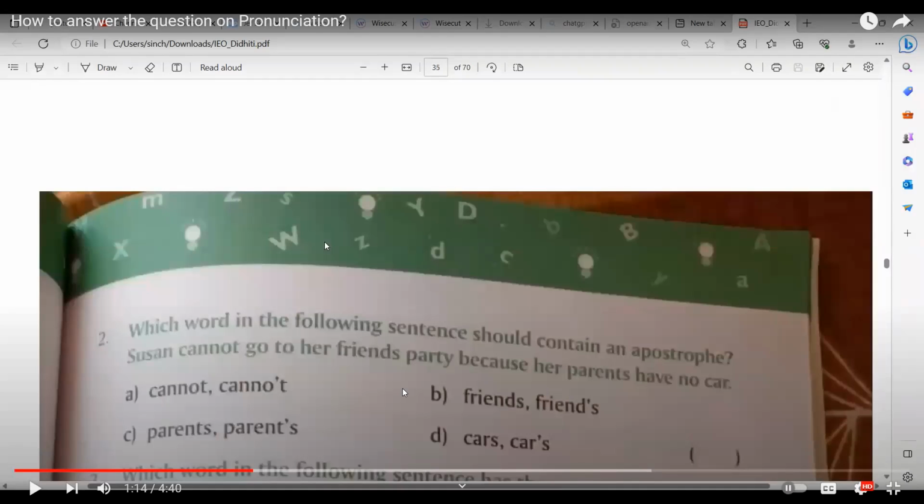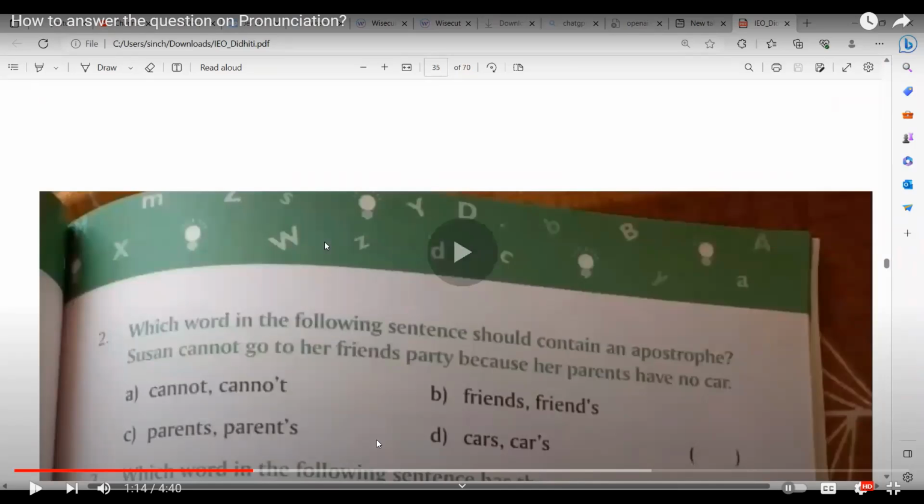Susan can go to her friend's party because her parents have no car. So what should parents be written as? Ma'am, parents, option C. Very good.